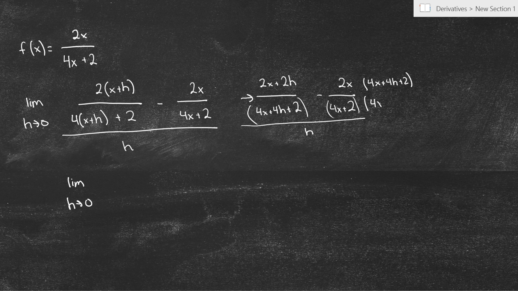And this bottom, same thing. Then this function needs to be multiplied by the 4x plus 2, because it doesn't have that part in its denominator. So pretty much it just got more complicated.